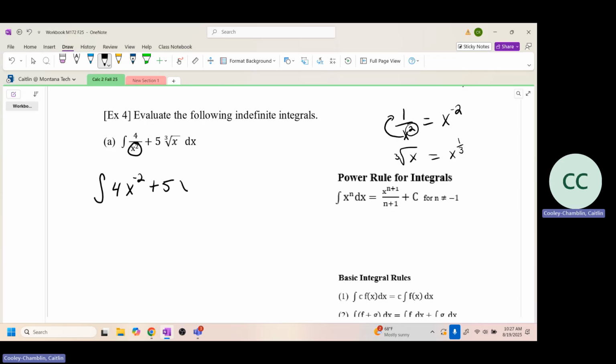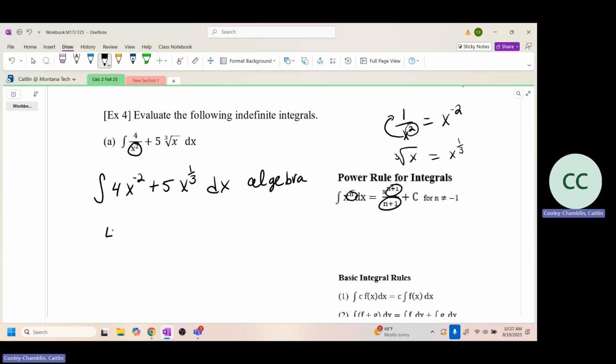So this is 5x to the 1/3 dx. So first I'm going to rewrite it. I'm going to make it easier to use these power rules. So the power rule works when things are powers, not roots, not in the bottom part of a division. So we are using some algebra tricks to rewrite. Okay, so now we can take the antiderivative.